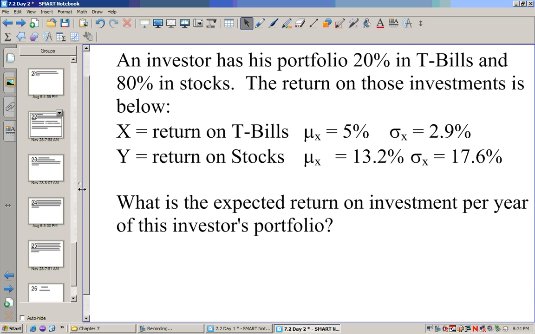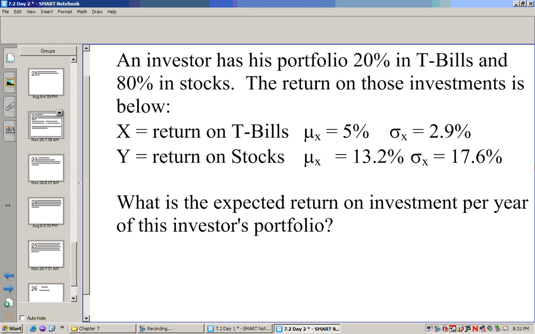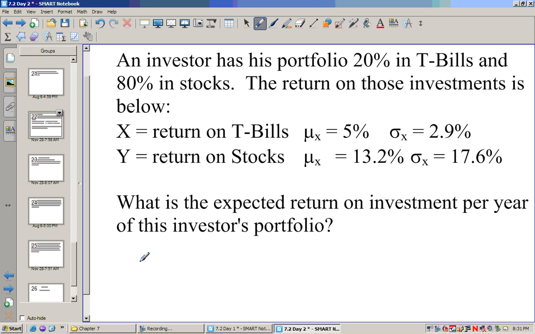So if you want to find his expected return on his investments this year, we want to find the mean of 20% of X plus 80% of Y. So it looks like this. First, let's find the mean of 0.2X. That's going to be 0.2 times 0.05, which is 0.01.